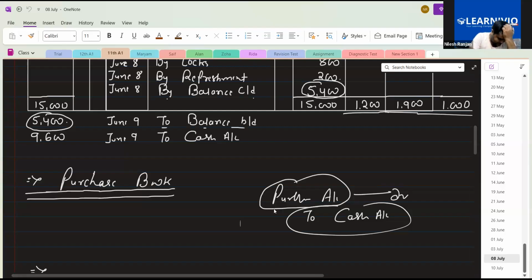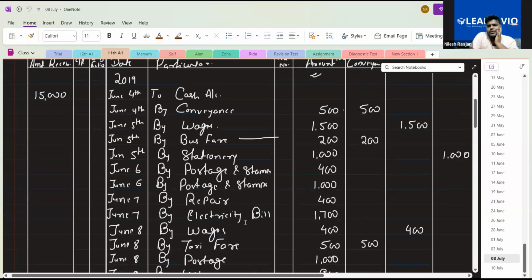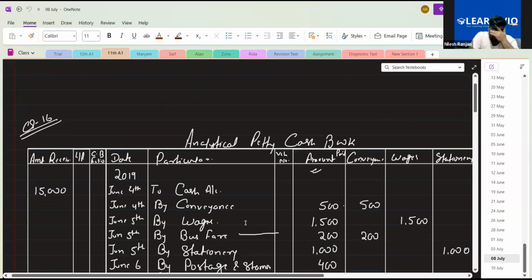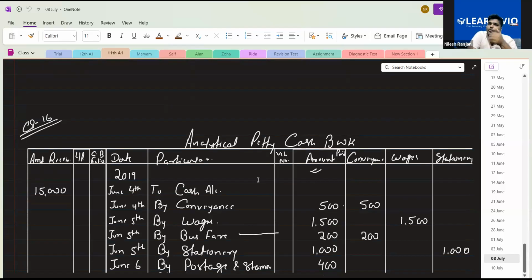These are for format purposes. The most important thing is that this voucher number you can leave. If you have to create a proper format for the petty cash book, then you can create amount received, LF, cash book folio, voucher number.